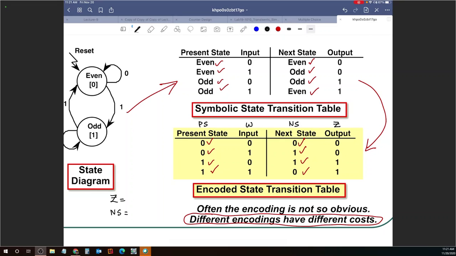Z equals PS and next state equals present state exclusive OR W. That is absolutely right. So Z equals present state, because if you notice, this exactly matches that. That is correct.